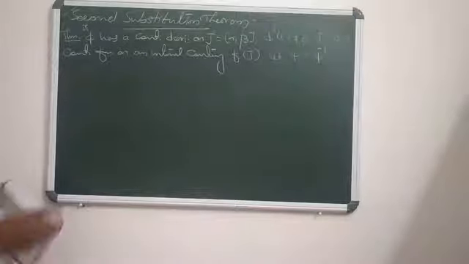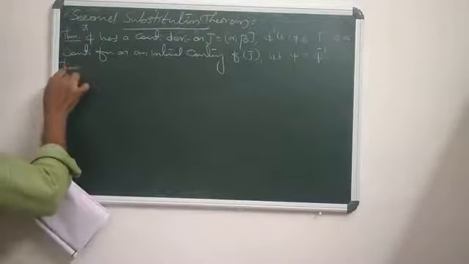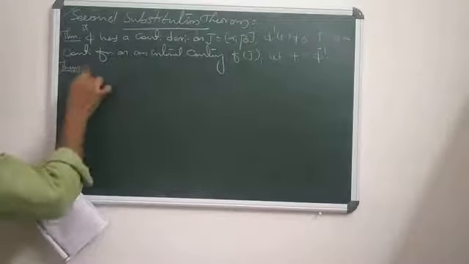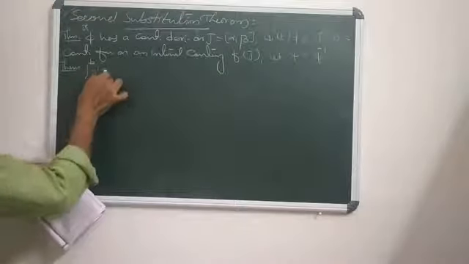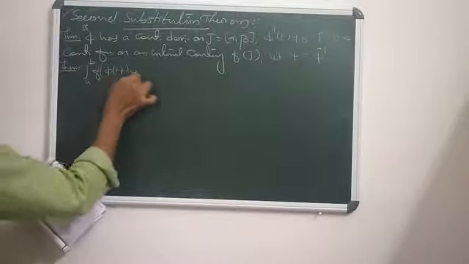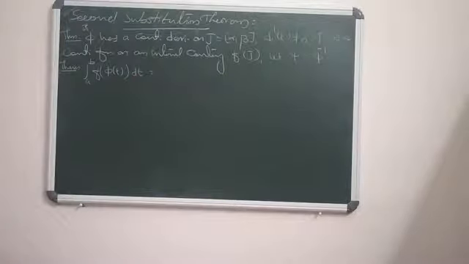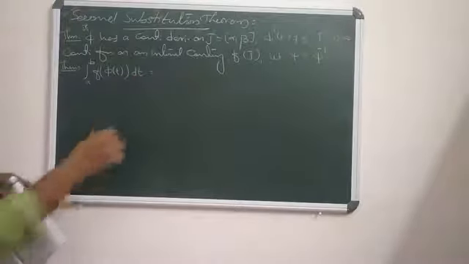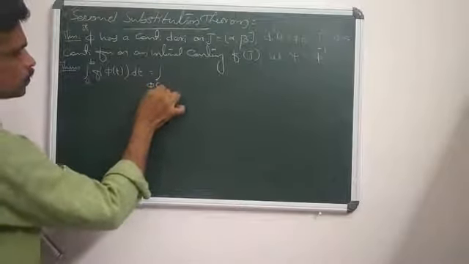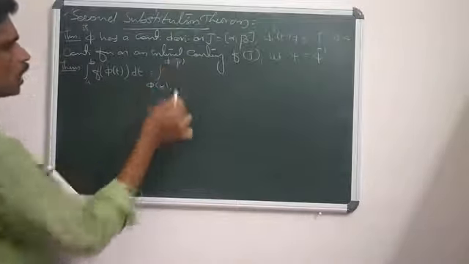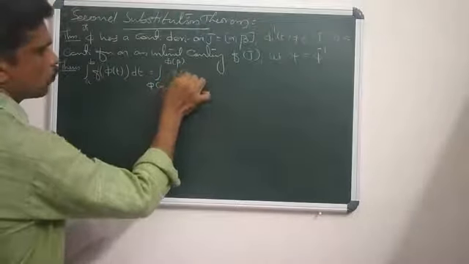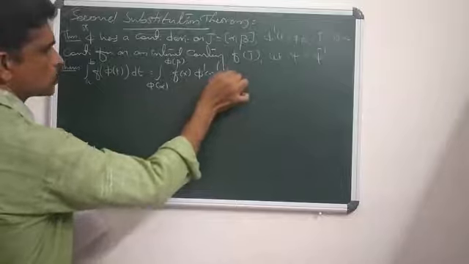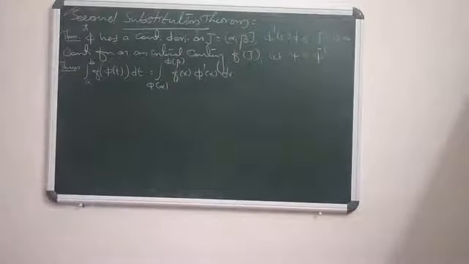Then the second substitution theorem states that the integral from a to b of f of phi of t dt equals the integral from phi alpha to phi beta of f of x into phi dash x dx.